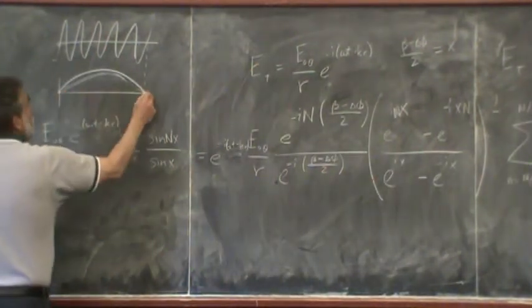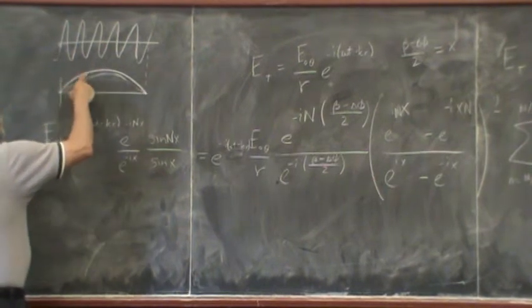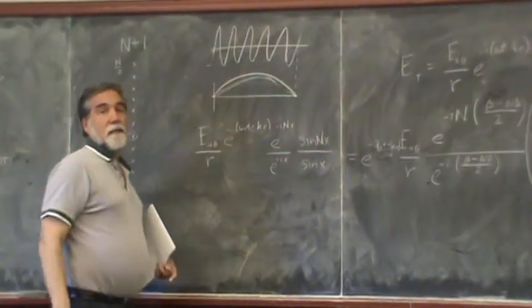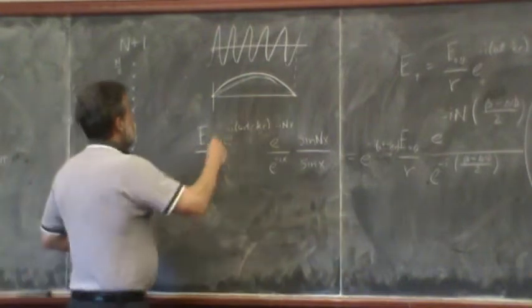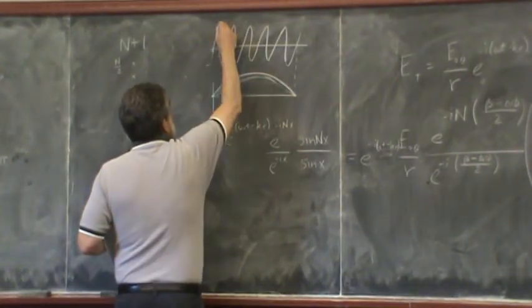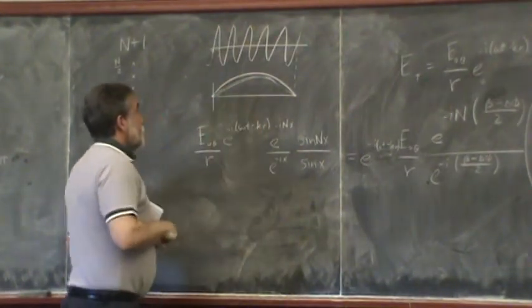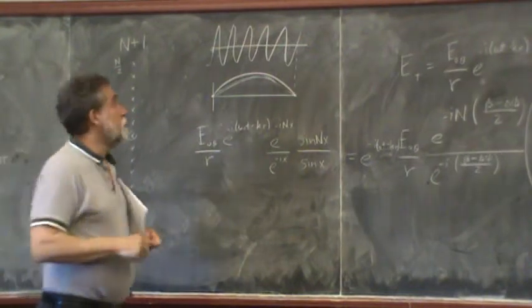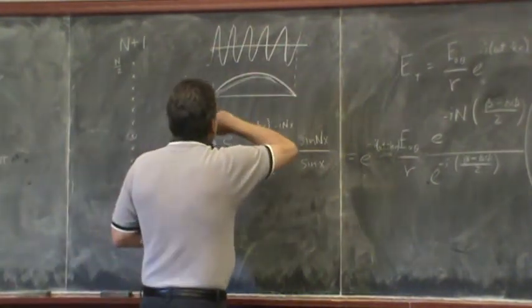At this point, everywhere else this is finite, so actually what happens is that the amplitude decreases. I get to here, and at this point it's going to be less than 1, and so on.